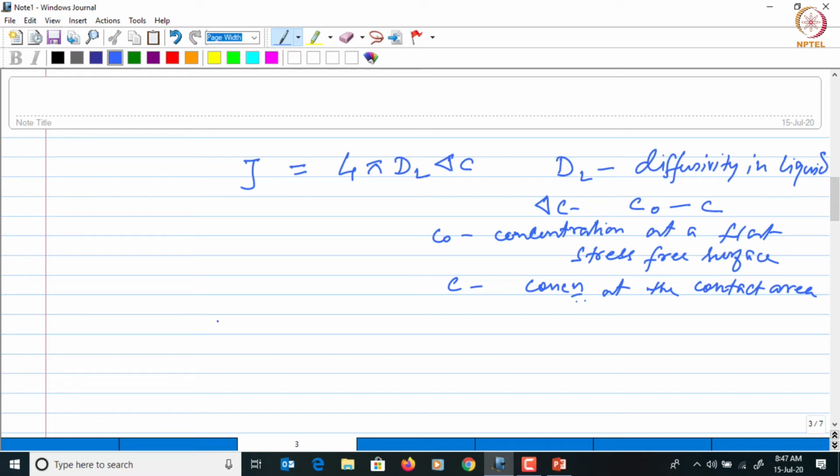And the rate of material removal dV by dt is given as delta L into J, where delta L is the thickness of the liquid bridge.